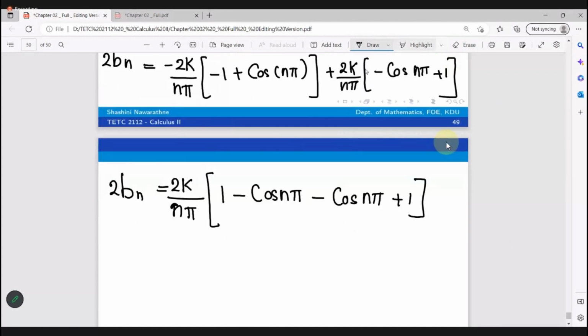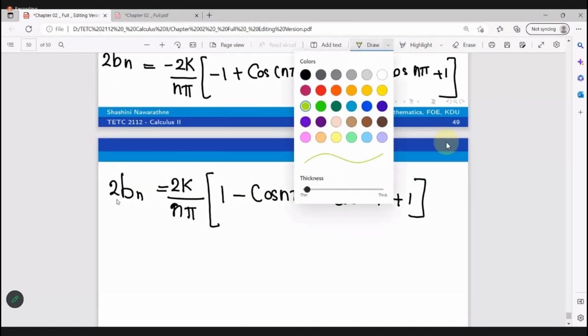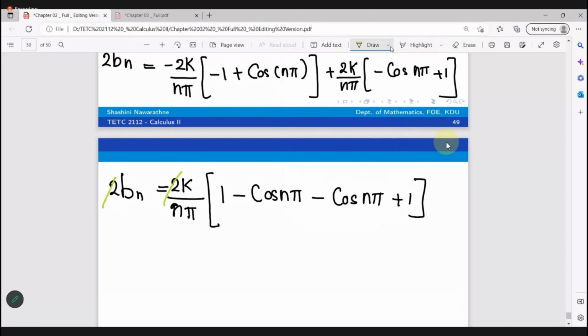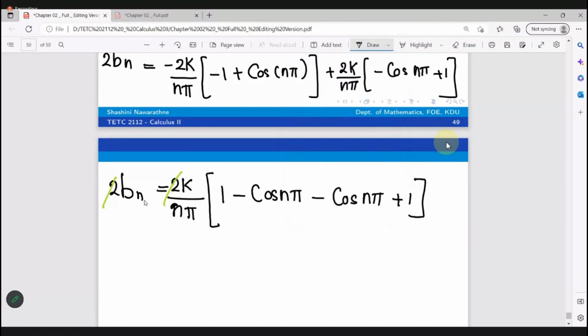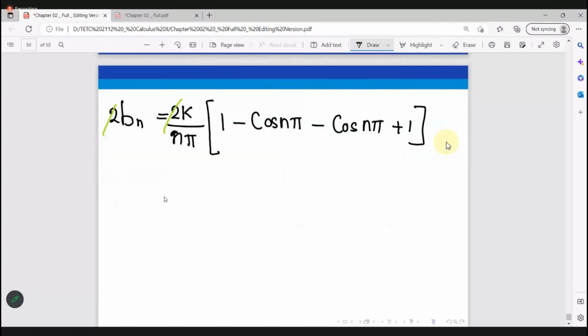So now we can cancel this 2 to this 2 and then obtain the answer as bn is equals to k over n5 times 2 minus 2 cosine n5.